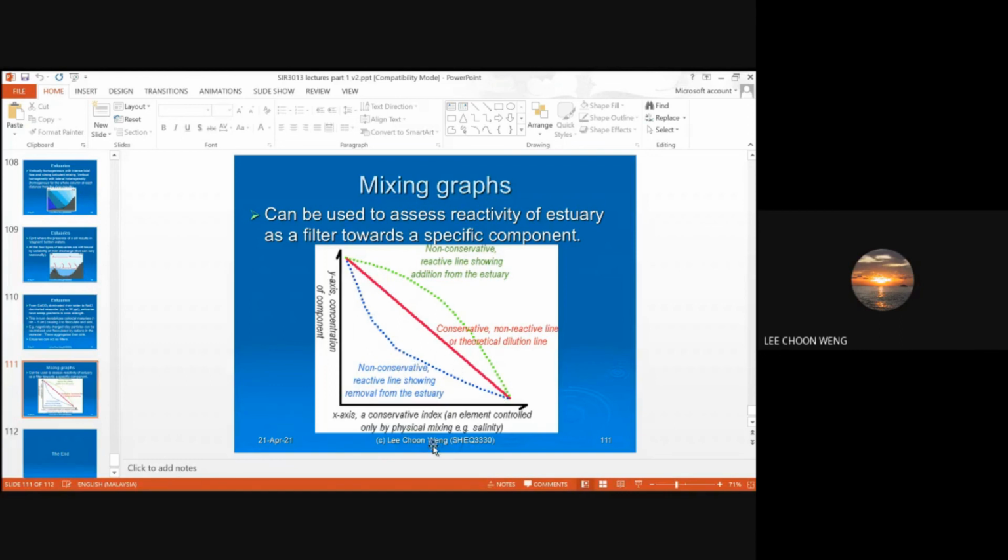For mixing graphs, usually we'll have the y-axis where we measure the component, and an x-axis which is a conservative index showing the changes from the river to the sea.